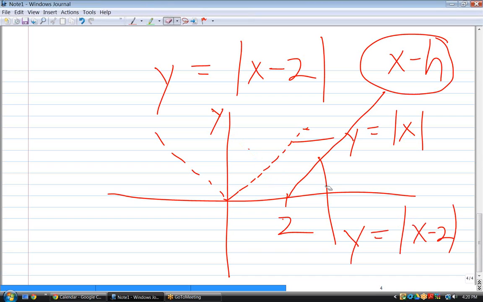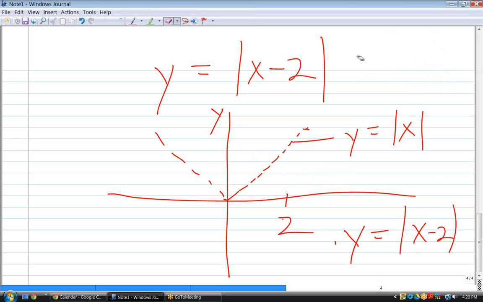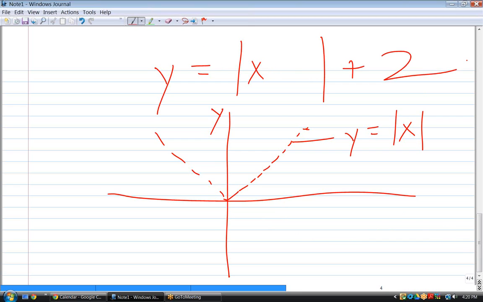Now, let's take some other variations on the absolute value. What if I said this. Then you would go 2 up, and it'd stay exactly the same shape.